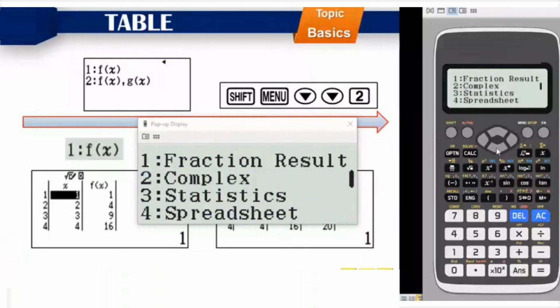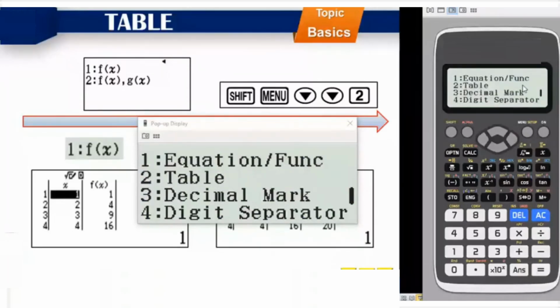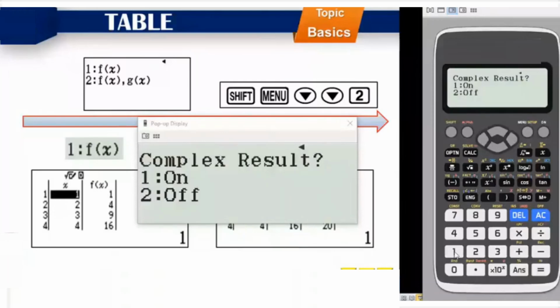I will further scroll down and it is equation and function. If I press 1, it is asking me is complex result on or off. This means that when we factorize and we solve equations and functions, sometimes we encounter complex numbers. So the calculator is asking whether you want the complex numbers to be displayed or not.